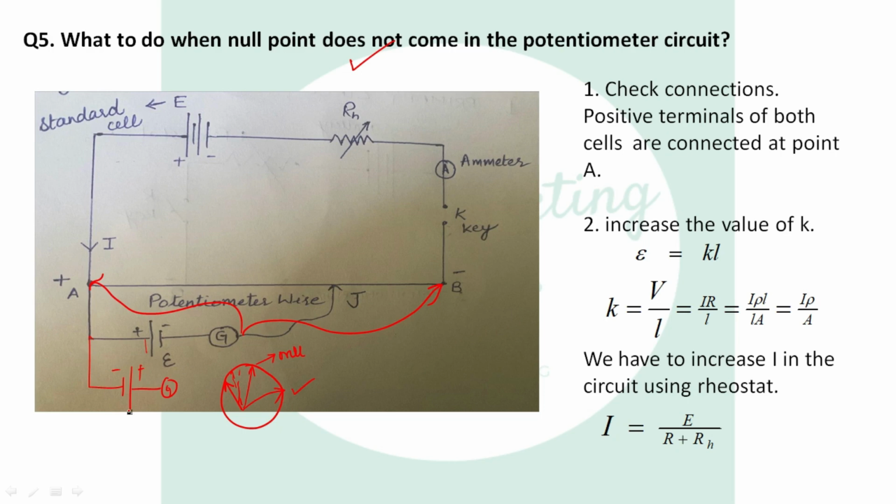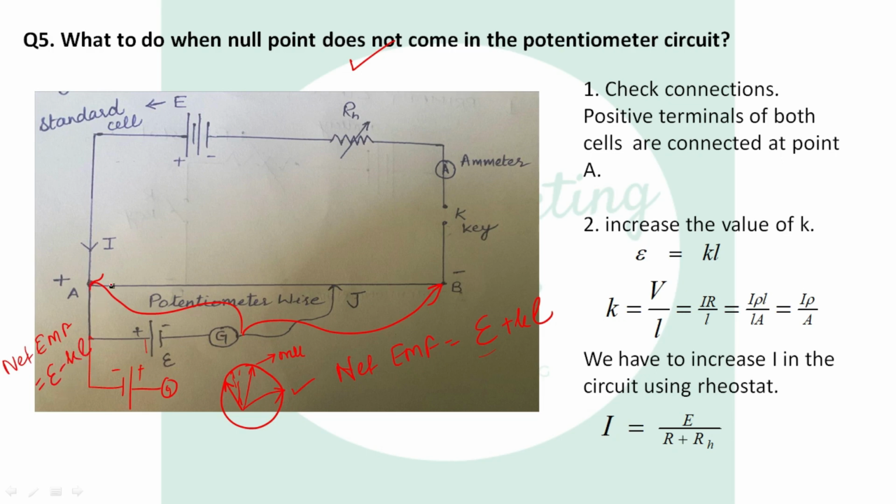When we use Kirchhoff's voltage law, we will get net EMF E plus Kl. So what will happen when we move from A to B? This factor will go on increasing and null deflection will never come, because earlier, when the positive terminal is connected here, the net EMF was E minus Kl.